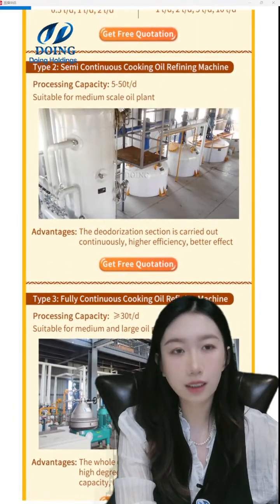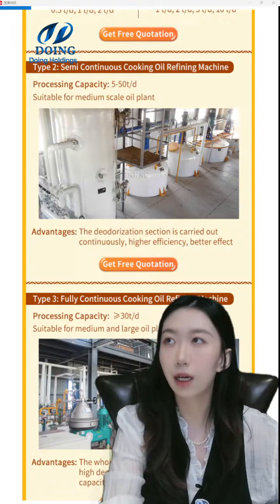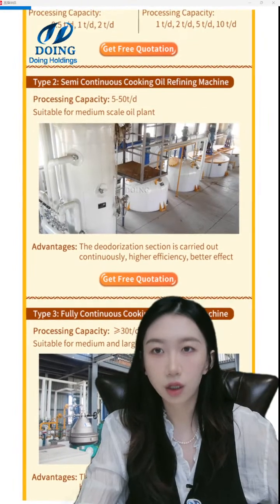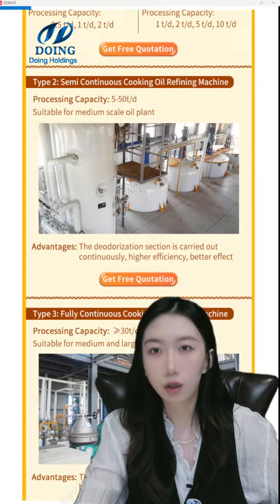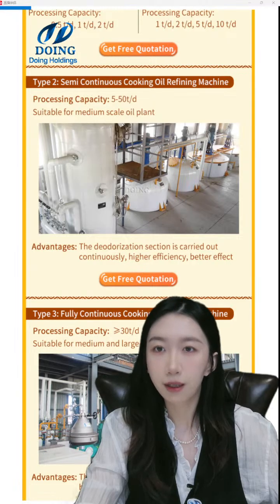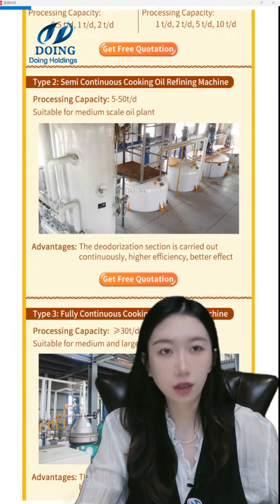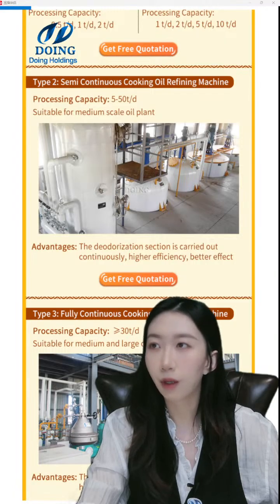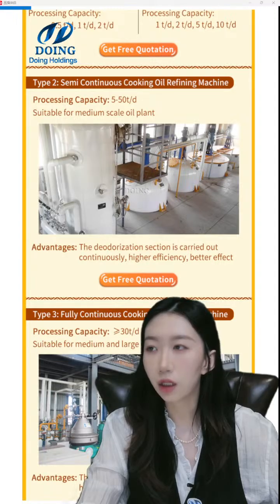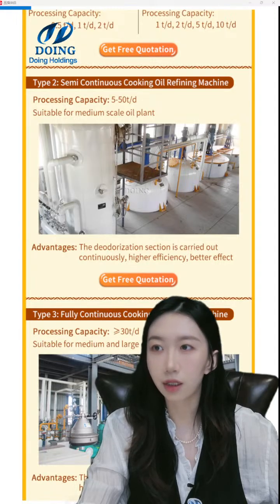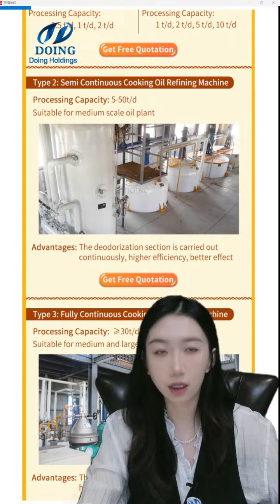The next type is the semi-continuous cooking oil refining machine. Its capacity is 5 to 30 tons per day, and the deodorization section is carried out continuously.